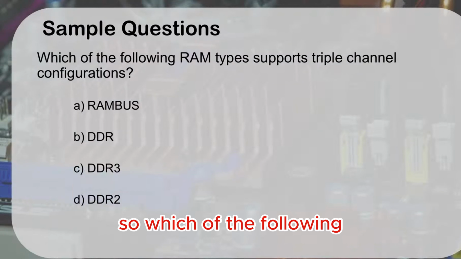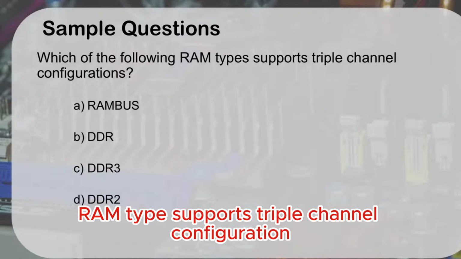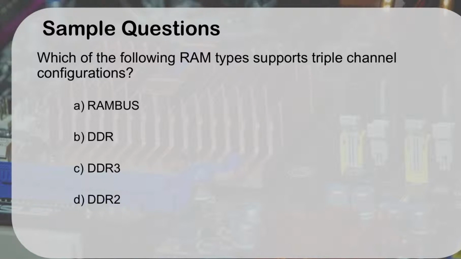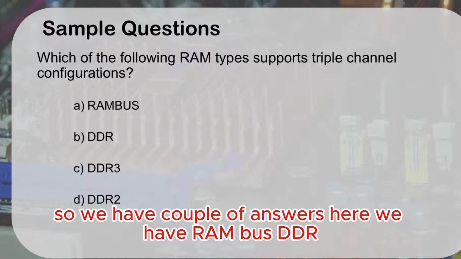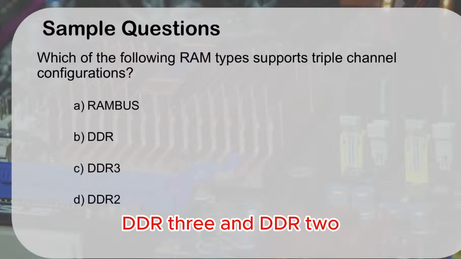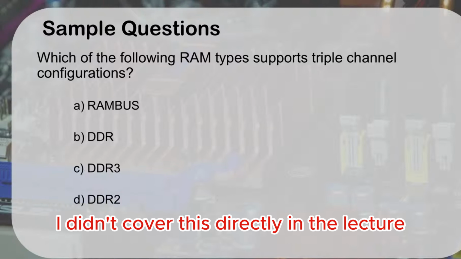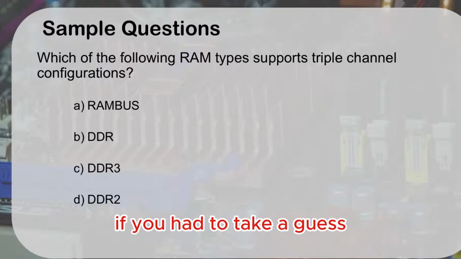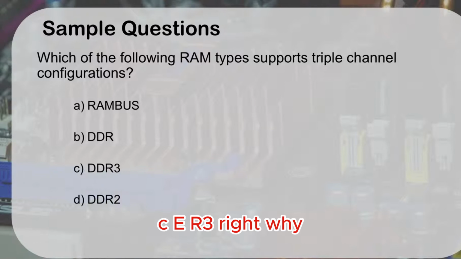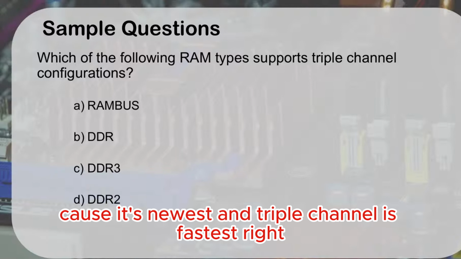So, which of the following RAM types supports triple channel configuration? We have a couple of answers here: RAM bus, DDR, DDR3, and DDR2. I didn't cover this directly in the lecture, but what do you guys think if you had to take a guess? C, DDR3, right? Why? Because it's newest and triple channel is fastest, right?